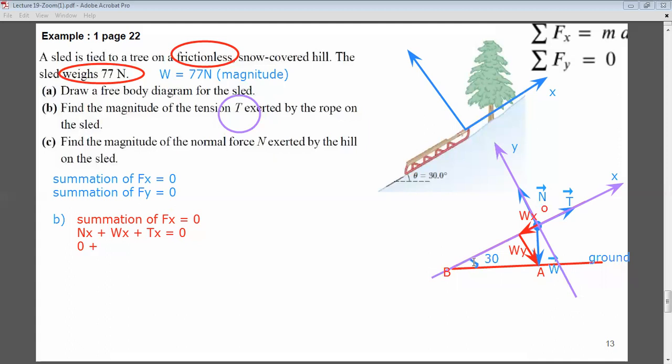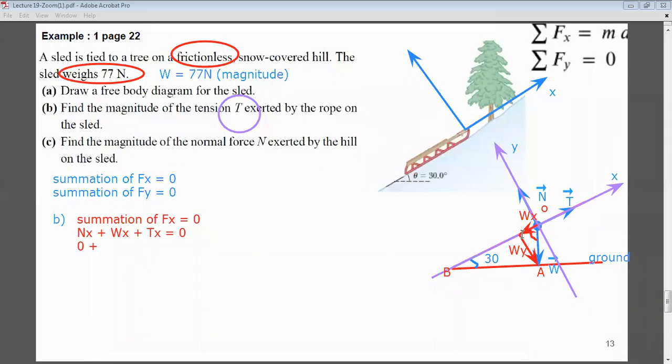If this angle here is 30 degrees, then how much is this angle over here? If this angle is 30 and this angle is 90, we know it's 90 because it's perpendicular to the ground. So if this is 30, how much is this angle? It is 60, okay?